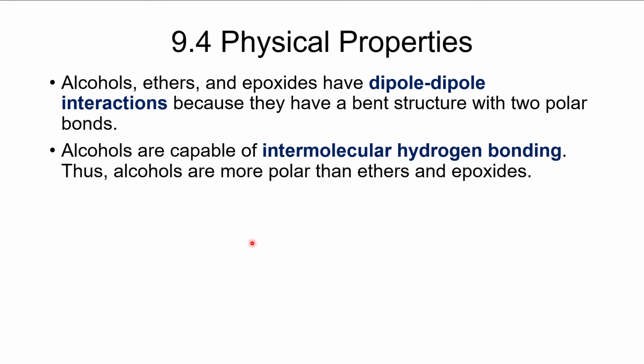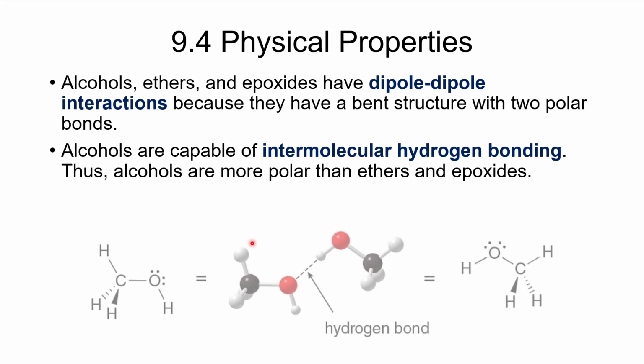We can say they're more polar, but really they just have stronger intermolecular forces because hydrogen bonding is our special case of dipole-dipole. So we'll find that alcohols tend to have stronger interactions than the ethers and the epoxides.